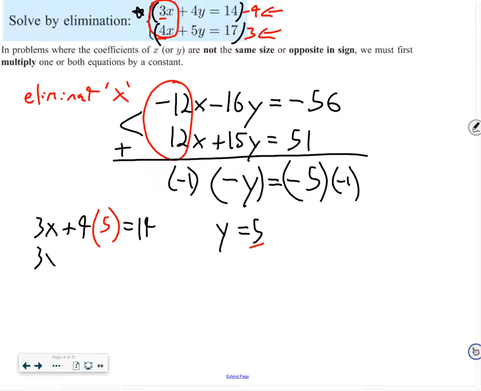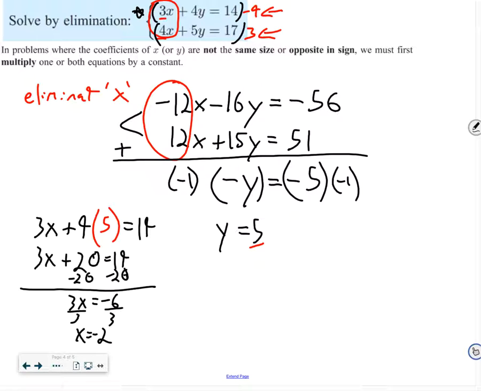So I get 3x plus 20 equals 14. Subtract 20 from both sides. And I'm going to get 3x is equal to negative 6. Divide by 3. Divide by 3. And I get x is equal to negative 2. Okay, so I have my solution here, which is negative 2, 5.